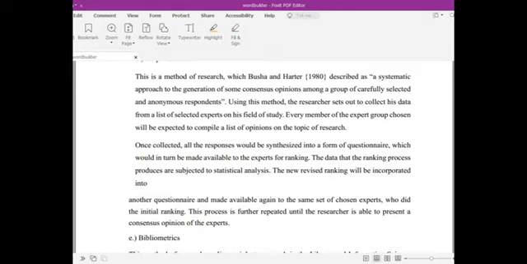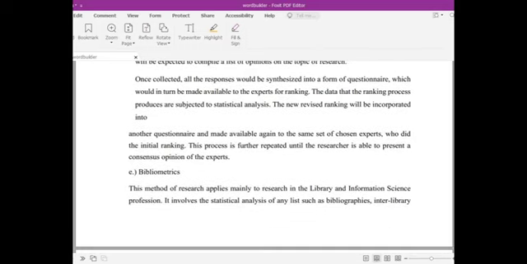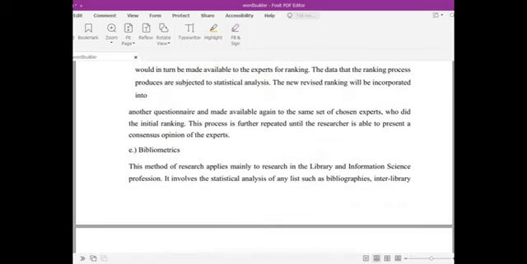Remember, they were the first people that did the first one. After the revision, you send it back to them, the same set of chosen experts who did the initial ranking. This process is further repeated until the researcher is able to present a consensus opinion of the experts. That's why I said it's like refining gold. After you do it a number of times, you'll be able to get a consensus opinion of the experts.